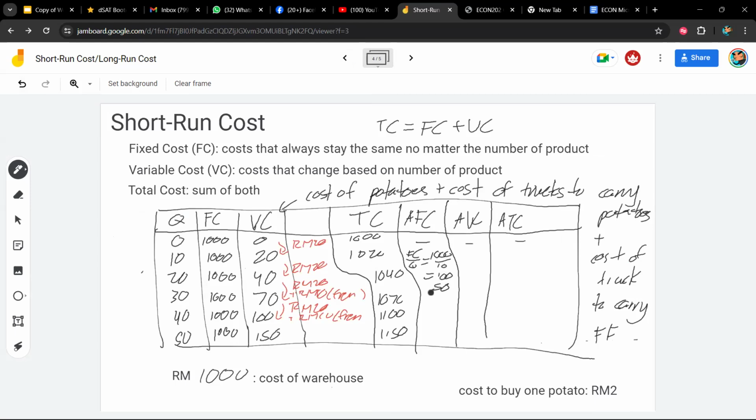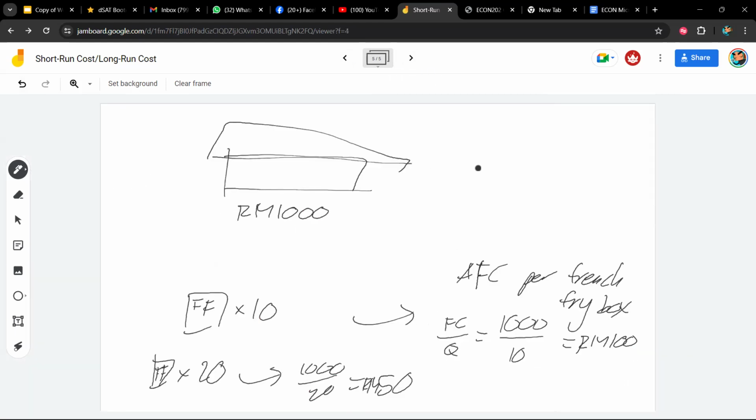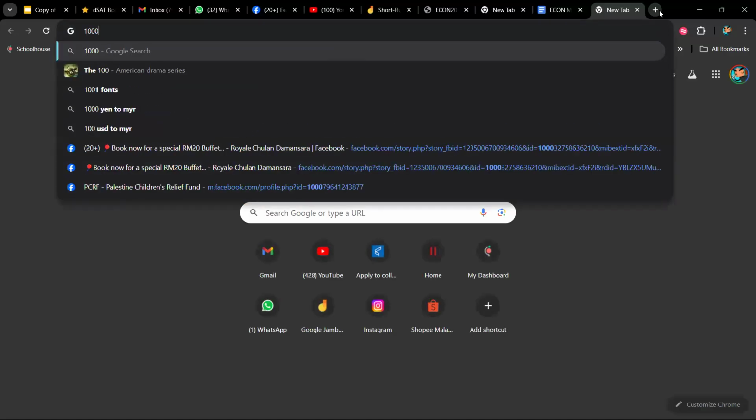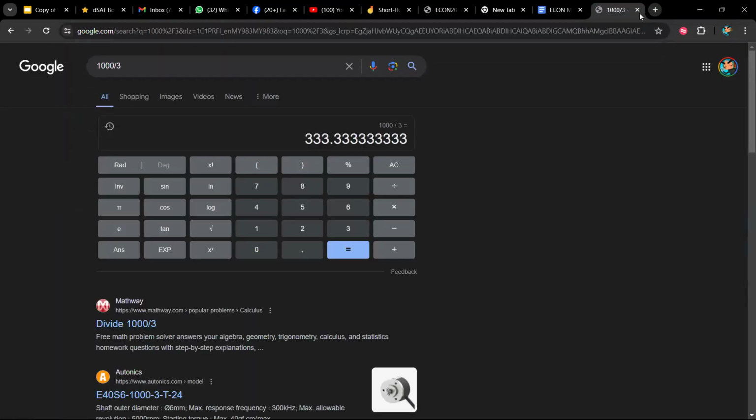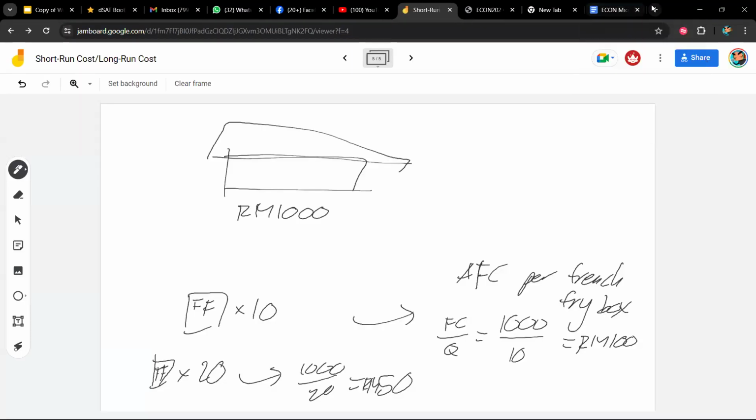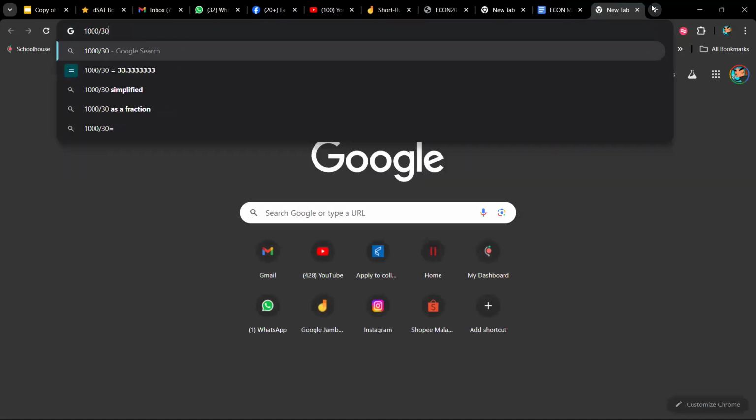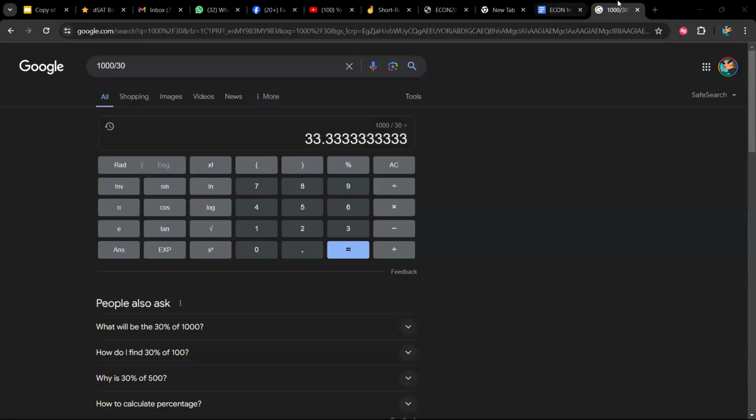100, then 50, then let's say in 30 it will be a bit different. So 100, then 50, then I need a calculator first. But I think you guys get the idea. 1000 divided by 3 will be like 333. Wait, no, 1000 divided by 30. So 33.33.